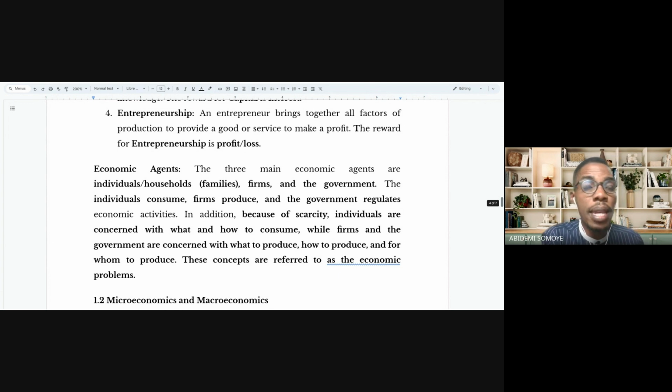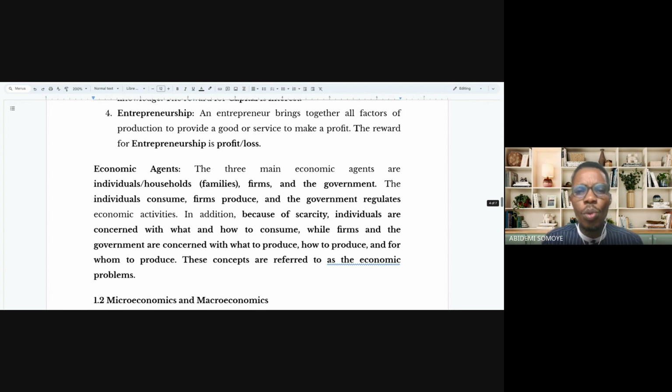They cannot meet emergencies when things happen. And so the role of the government at any time is to ensure that the society is suitable for individuals and the firms to interact with one another.